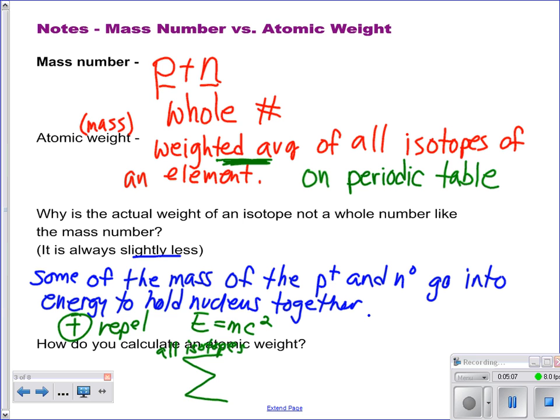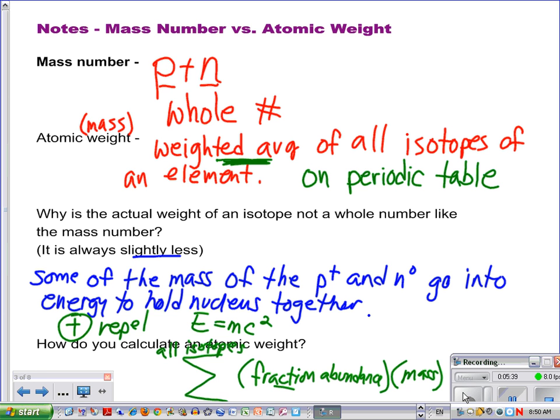But what you're going to do is sum up the fraction of your abundance. In other words, it's not in percent form, but as a decimal. So your abundance times your mass. By fraction, I just mean you've already divided it by 100. It's no longer in percent form, it's in decimal form. You're taking that abundance times your mass, and you're going to do that for each of the isotopes, and then add them together.